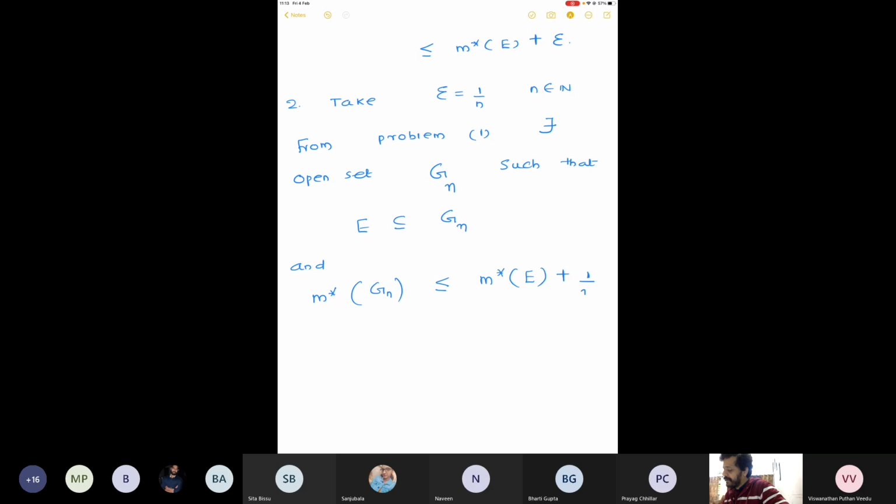The error level is 1 by n. Okay. This is what we proved in the first one.